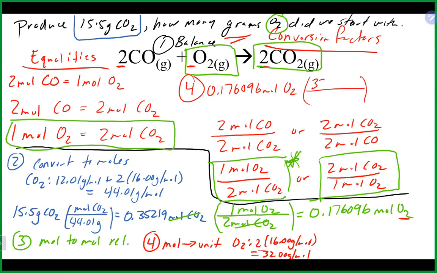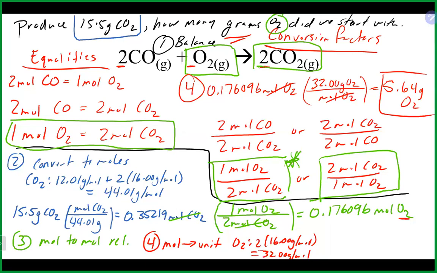Here we want grams up on top, moles on the bottom, moles cancel, and that would tell me about 5.64 grams of O2. Here I am going to round at this point because I'm done with my calculation.